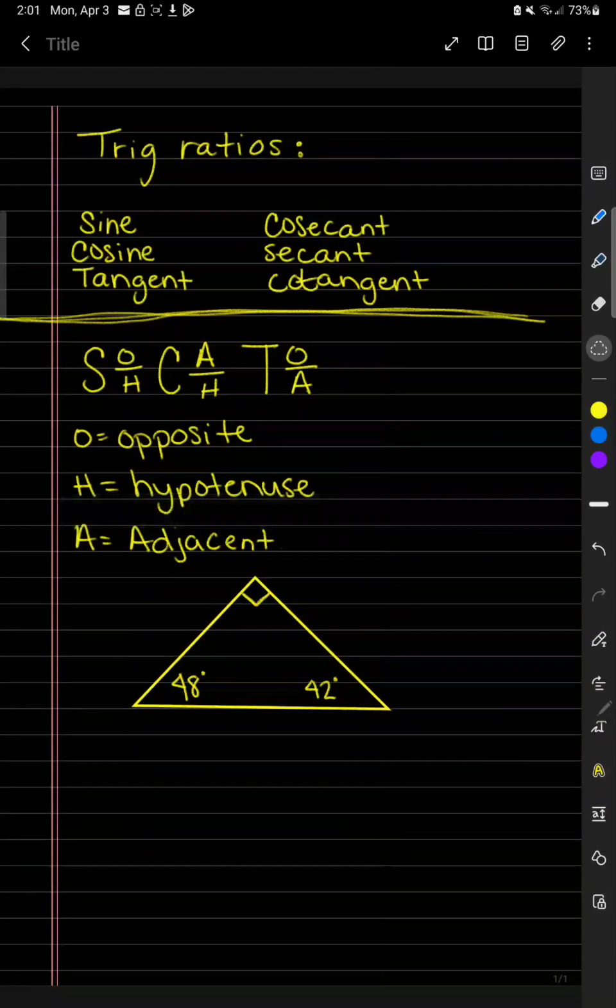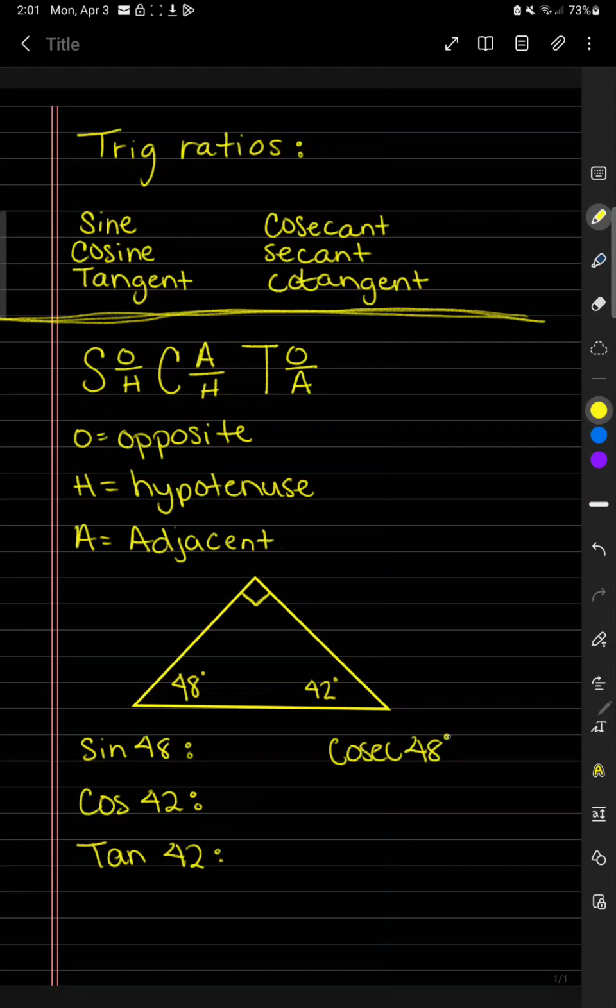So let's say I want sine of 48, cosine of 42, tangent of 42, cosecant of 48, and secant of 42, and cotangent of 48.